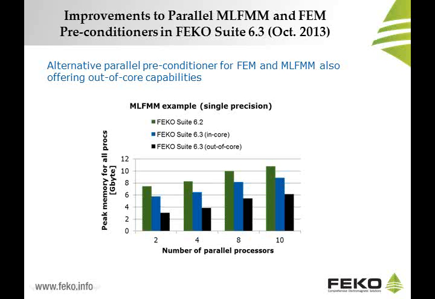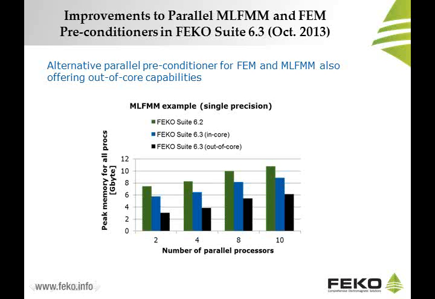We see here the total memory requirement of all the parallel processes added together as a function of the number of parallel processes. Again, it's a very small run, just to illustrate this effect, up to 10. And ideally, of course, and this you would see, for instance, for the method of moments, the memory remains constant. The more processes we add, the more the memory is subdivided into the different processes, and the memory requirement per process is reduced.